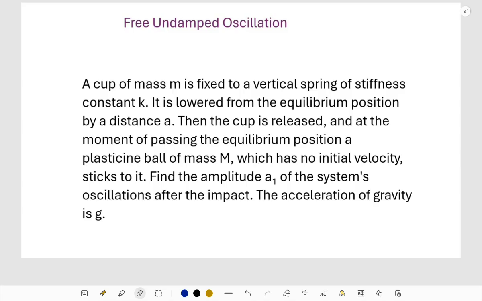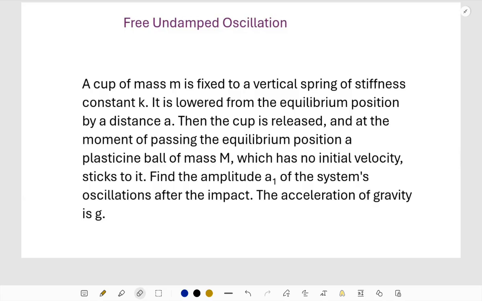So, what can we say about it? The amplitude of the cup's oscillation is clear cut, A. And immediately before the collision, it was passing through its equilibrium position.